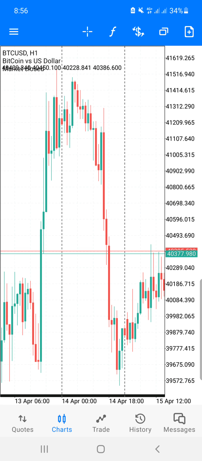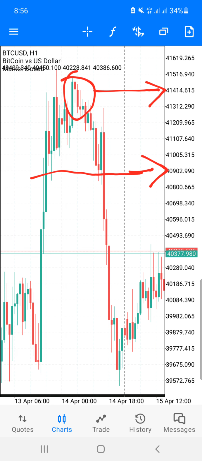Let's assume this is the opportunity to sell Bitcoin at 41,414, and I was not able to sell at this point. Let me assume this is another point where I believe Bitcoin will hit and continue selling further, which is 40,902.